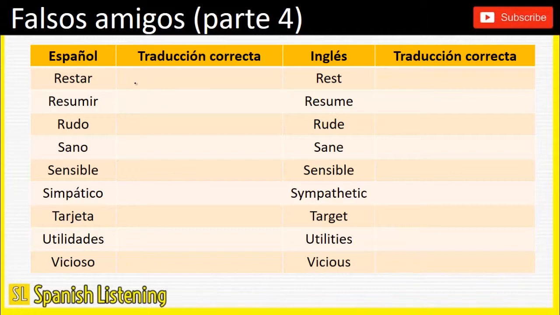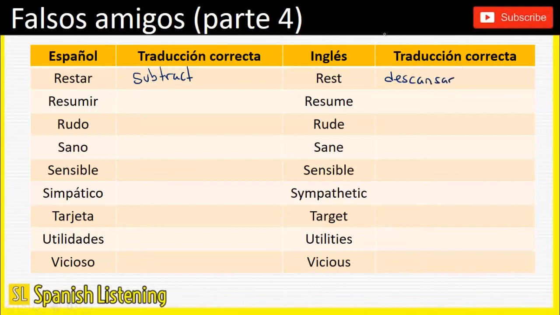In fact, what restar really means is subtract. This is a verb that you use in mathematical operations. For example, tengo que restar 5 de 8, that means I have to subtract 5 from 8. It has nothing to do with the verb rest. If you want to say rest in Spanish, the correct translation would be descansar.